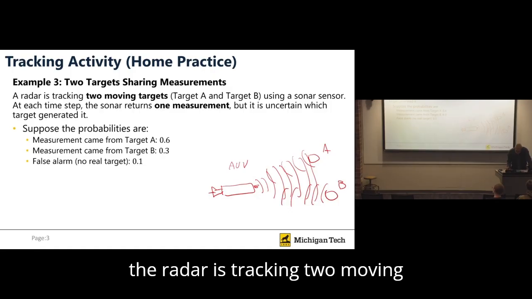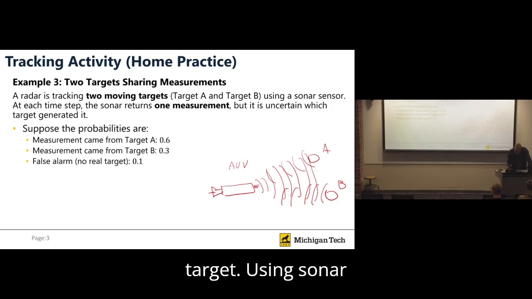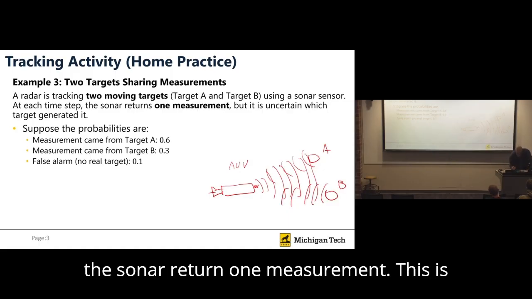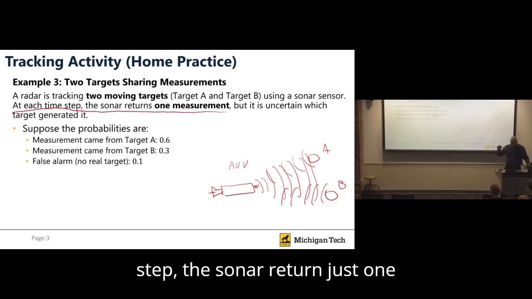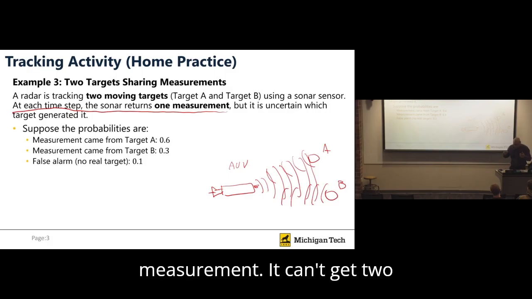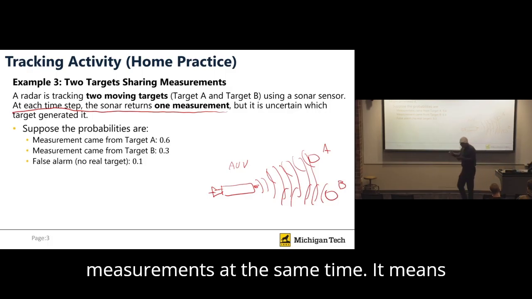But we mentioned something here: a radar is tracking two moving targets using a sonar sensor. At each time step, the sonar returns one measurement. This is important. At each step, the sonar returns just one measurement. It can't get two measurements at the same time.